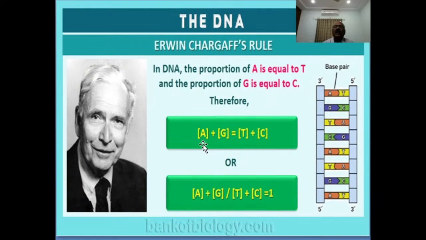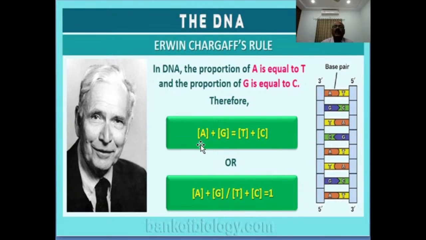So adenine plus guanine is equal to thymine plus cytosine, or adenine plus guanine divided by thymine plus cytosine is 1. That means the number of purines is equal to the number of pyrimidines. That is called the Chargaff principle or Chargaff rule.